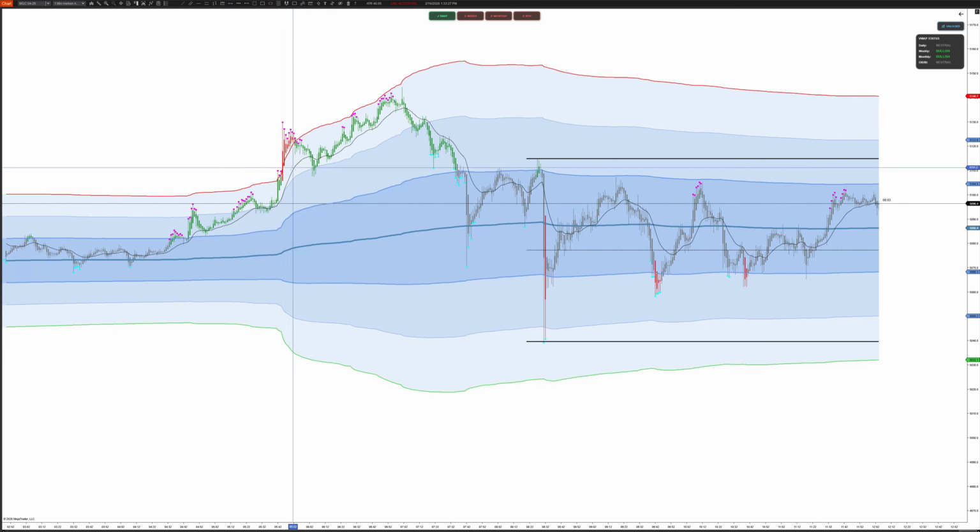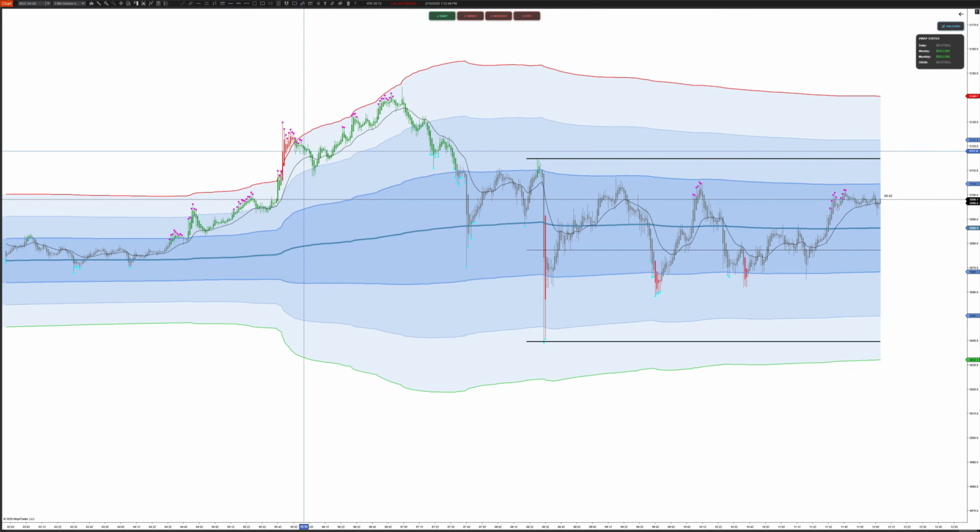You'll also notice some red bars up here. I have this set so that when we close outside of the third standard deviation, they turn red, alerting me that we're getting ready for a possible reversal to at least the second standard deviation.